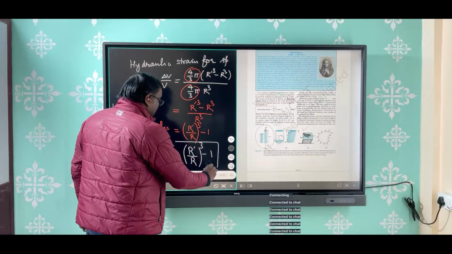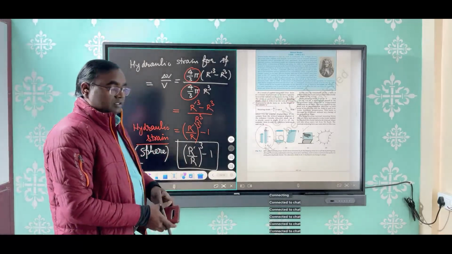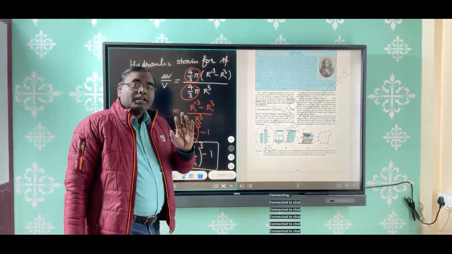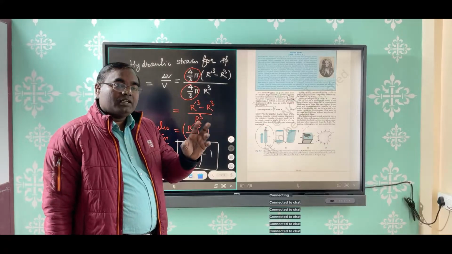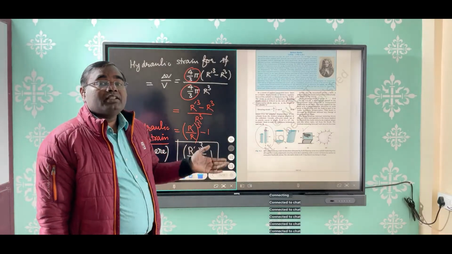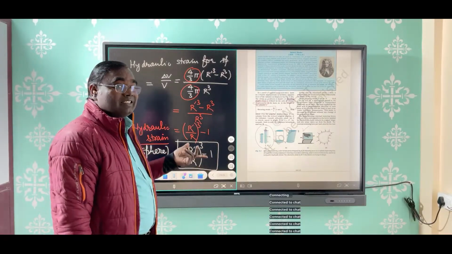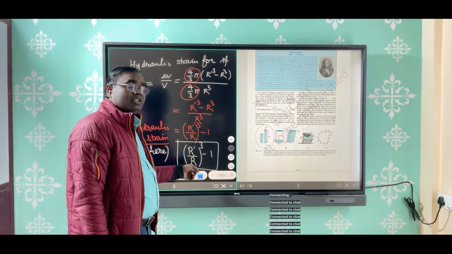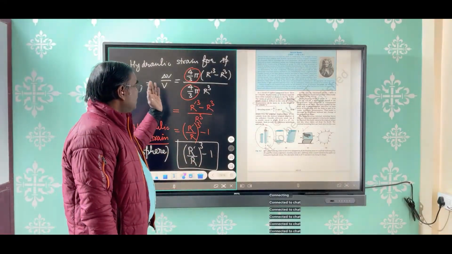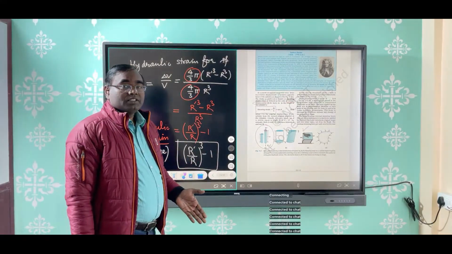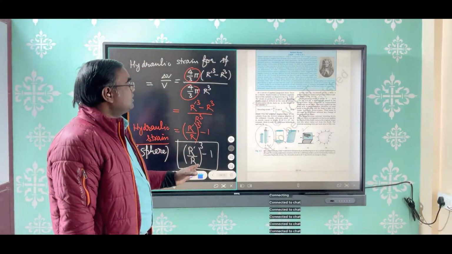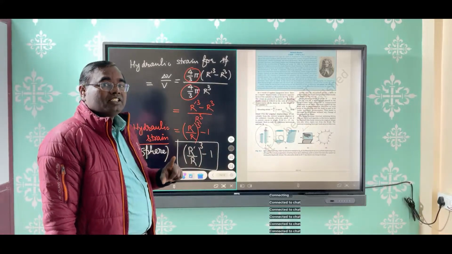So it may be asked directly by giving the radius of the initial sphere and the final sphere, and may ask to find the hydraulic strain. If you know this relation, you can do this by just substituting the values, right? Otherwise you have to follow the whole process. So this is a trick for calculating the hydraulic strain for the sphere.